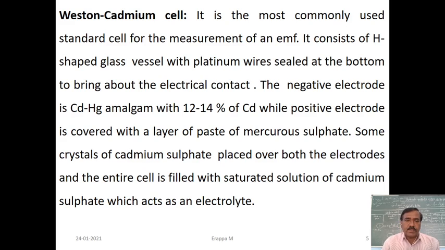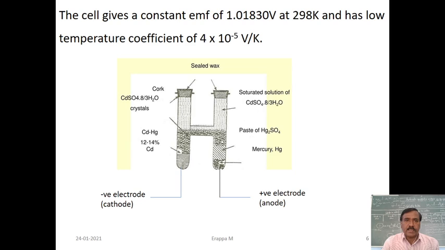The negative electrode is a Cd-Hg amalgam, cadmium mercury amalgam with 12 to 14% of cadmium, while the positive electrode is covered with a layer of paste of mercurous sulfate. Some crystals of cadmium sulfate are placed over both the electrodes, and the entire cell is filled with a saturated solution of cadmium sulfate, which acts as the electrolyte.